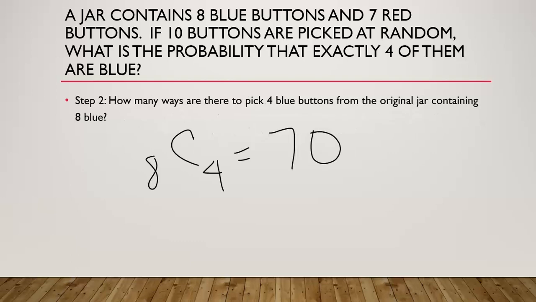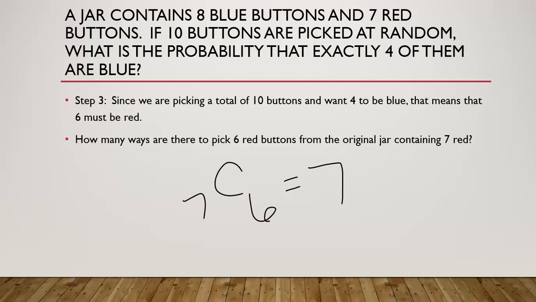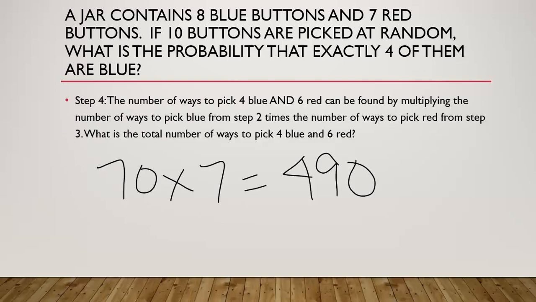So I'm going to take my answer from step 2. There's 70 ways to pick 4 blue, and there's 7 ways to pick 6 red. 70 ways to pick 4 blue times 7 ways to pick 6 red gives me 490 ways to pick 4 blue and 6 red.